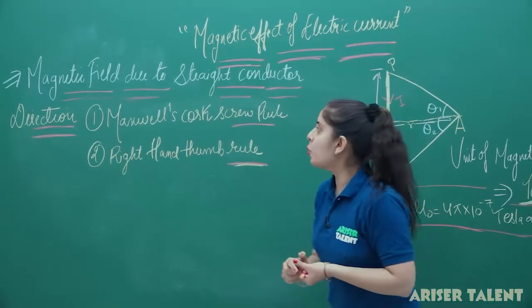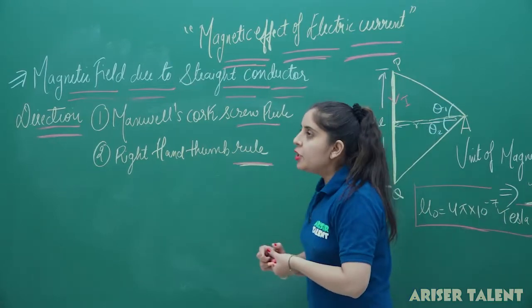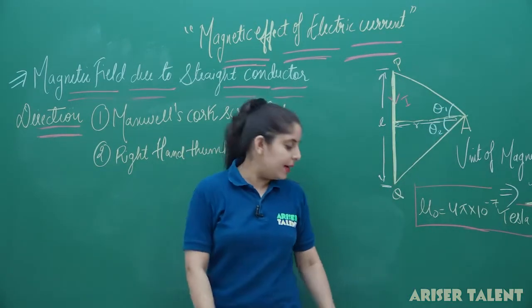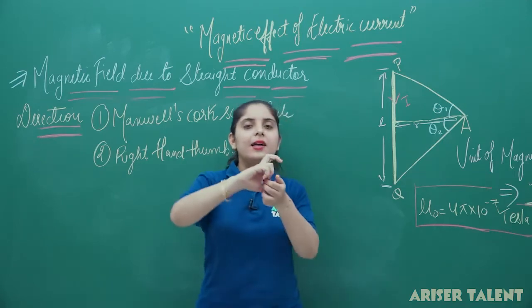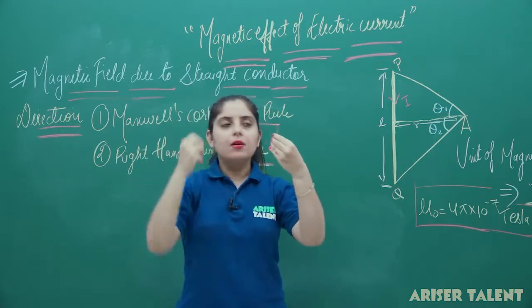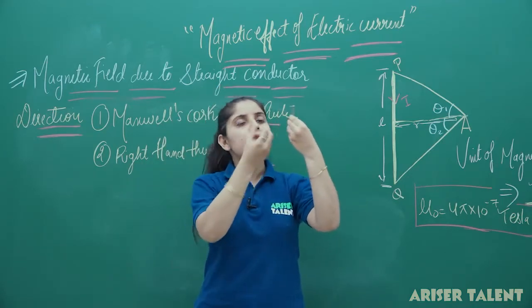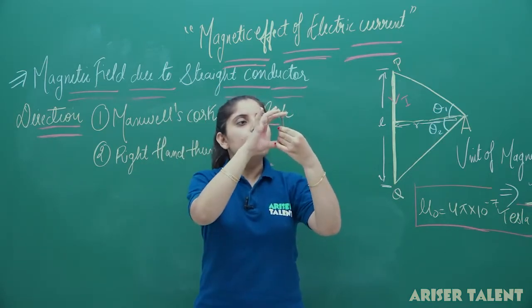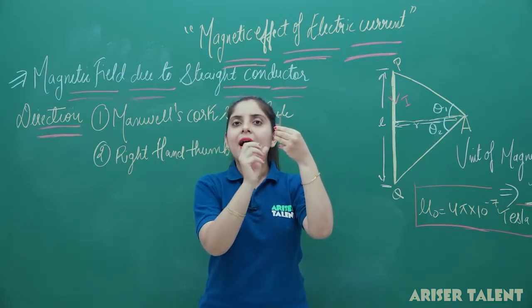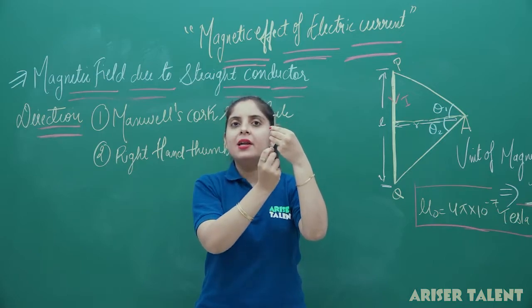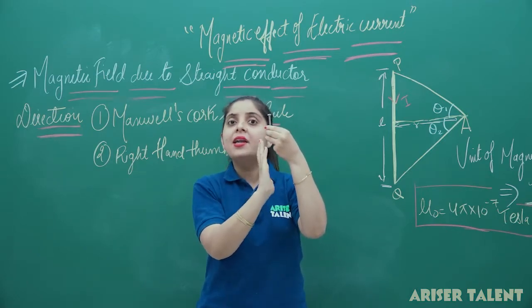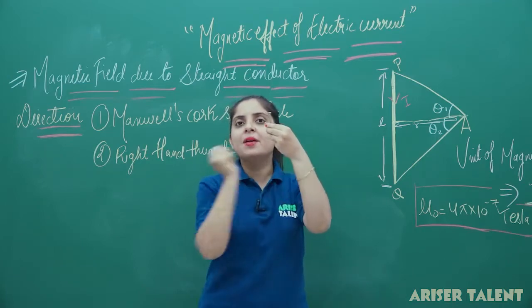Now what does the corkscrew rule signify here? You have to assume that you are holding a corkscrew in your right hand. In this corkscrew you have to align the axis of the current and the axis of the magnetic field in such a way that current always precedes the magnetic field.